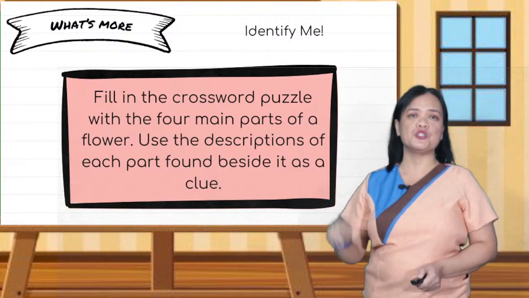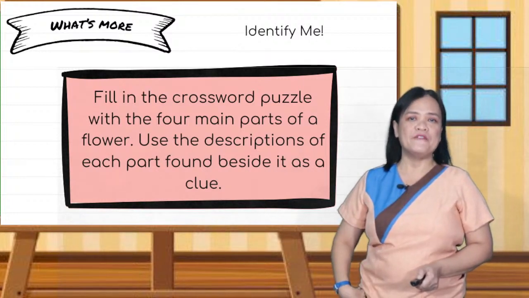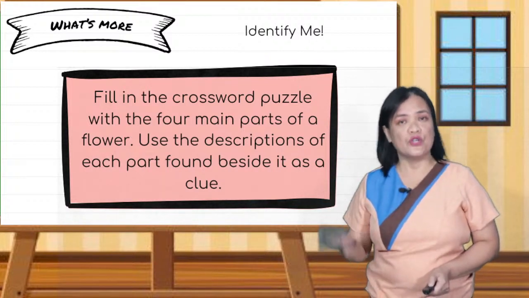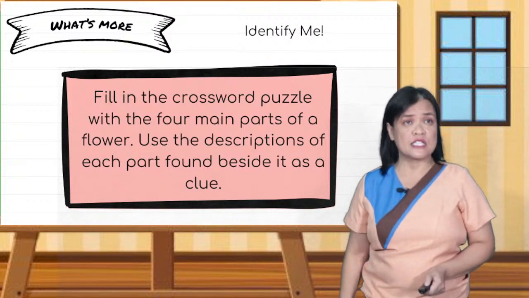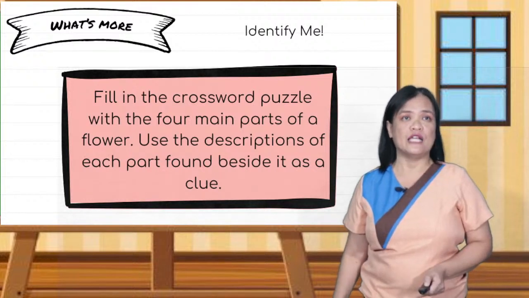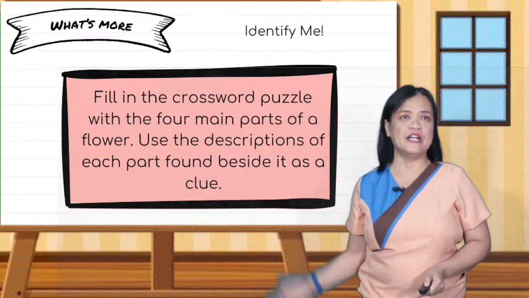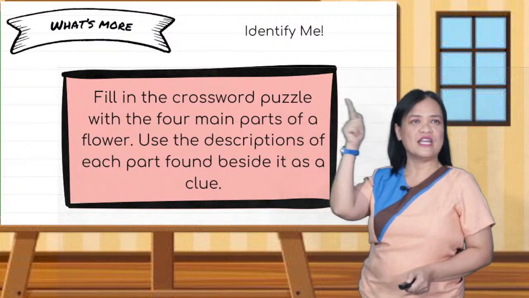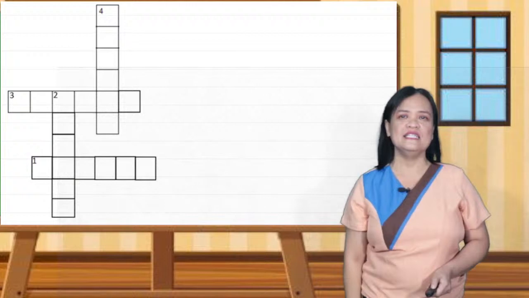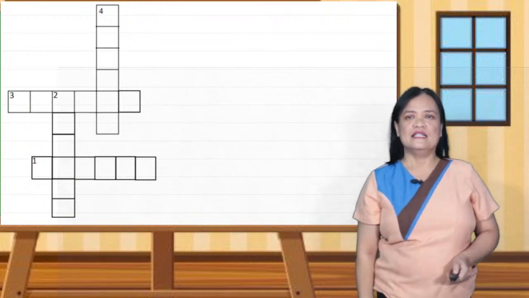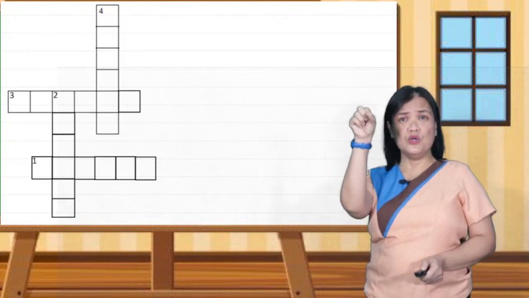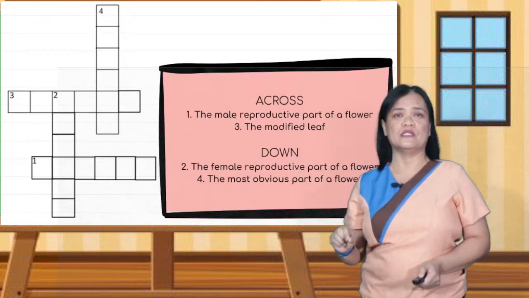Use the descriptions of each part found beside it as a clue. So you have to read first the description and then you fill out the puzzle. Are you ready? 1, 2, 3. Okay. Ready? No need to draw. You just put the number.